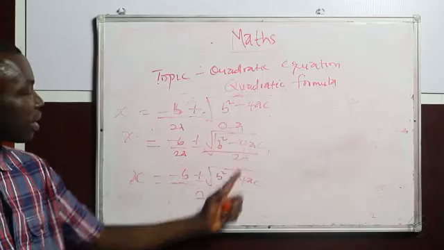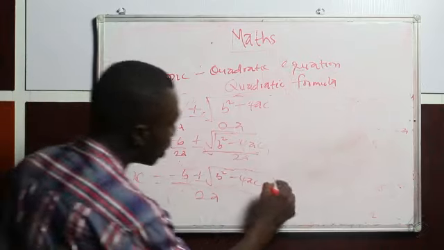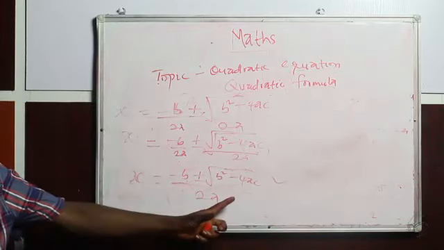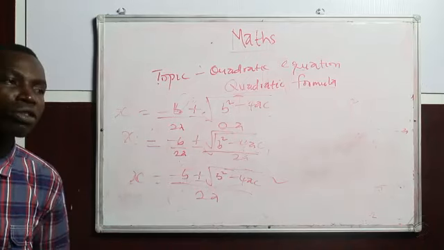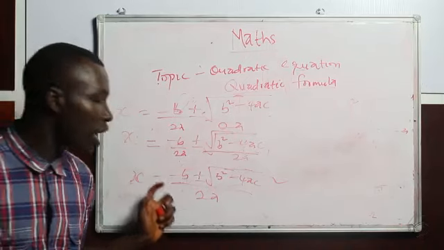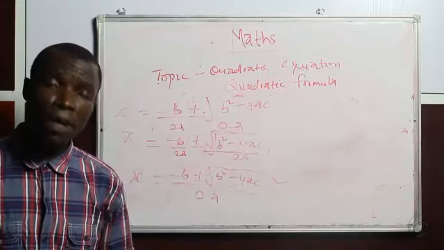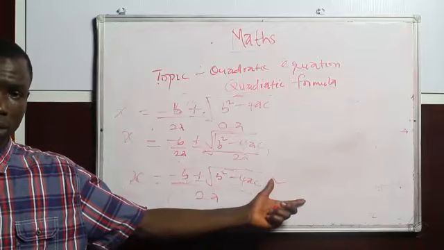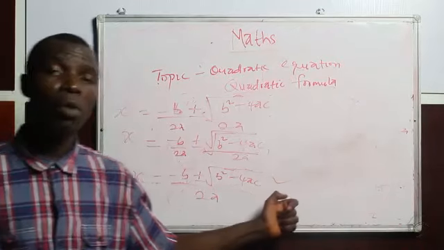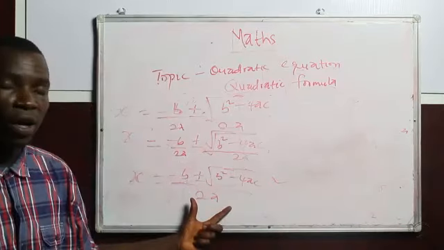This equation has been proven to be the quadratic formula. The quadratic formula is x is equal to minus b plus or minus root b squared minus 4ac over 2a. Has been proven so that anytime we want to apply the quadratic formula, we insert the values.